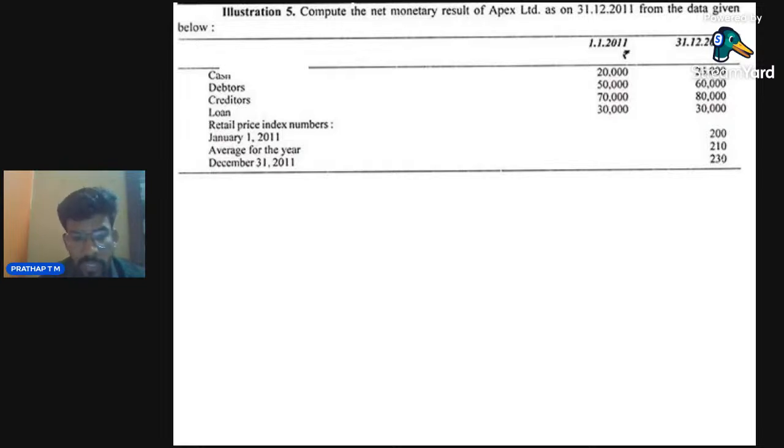So now the value becomes 11,929. If you deduct it from your total value, it becomes 4,023. This is your total monetary gain, that you should adjust in your net profit.